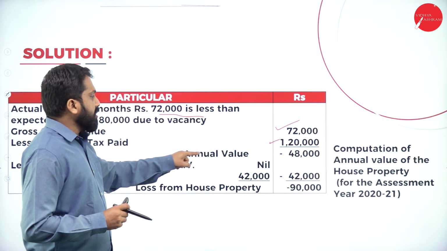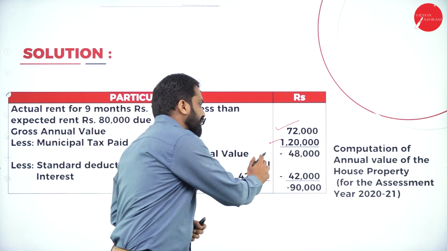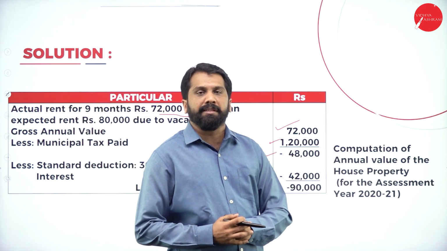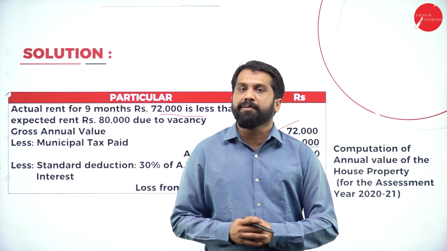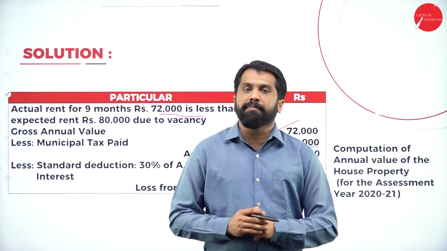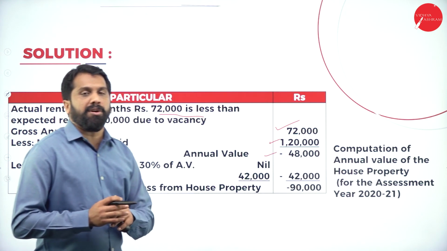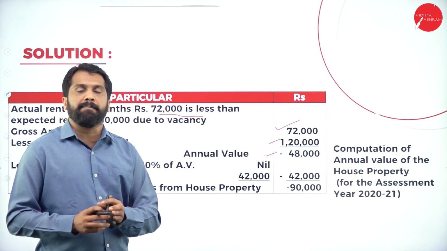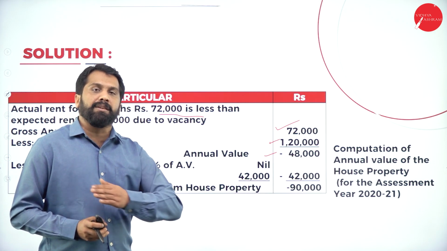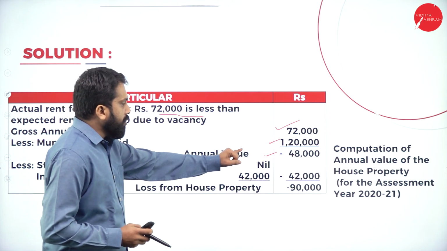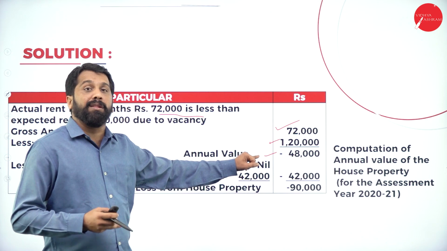So it is your annual value minus 48. This time your net annual value is in negative figure, which means you are in minus. If you are in minus, the government has given that if you have income, you can remove up to 30%. But do you have income here? No, you have loss.